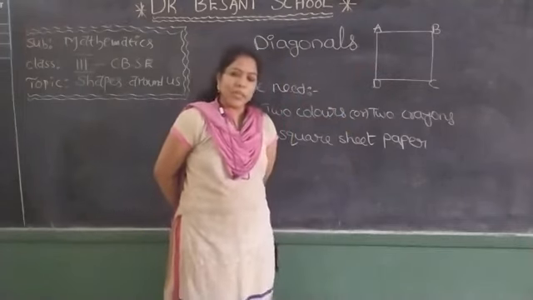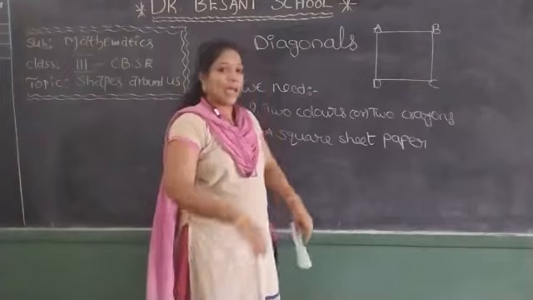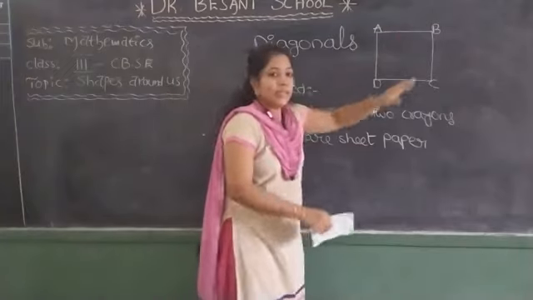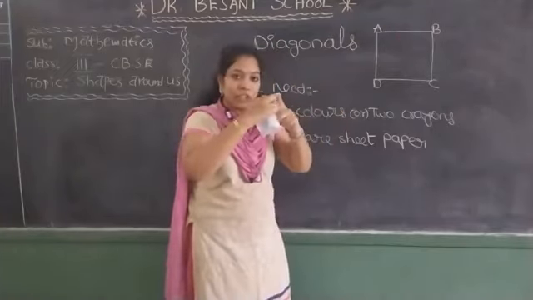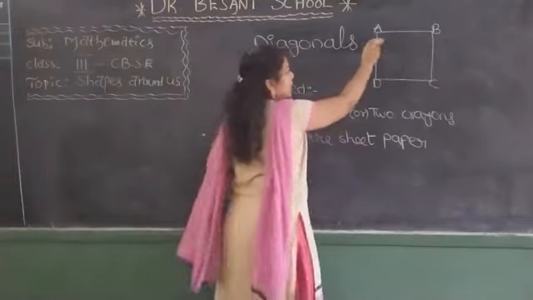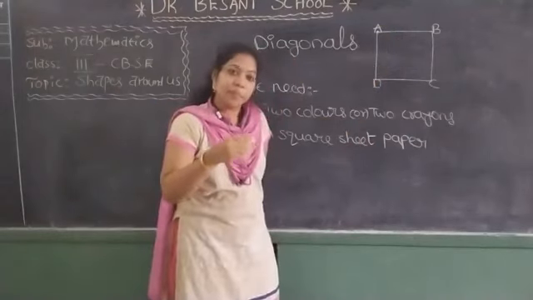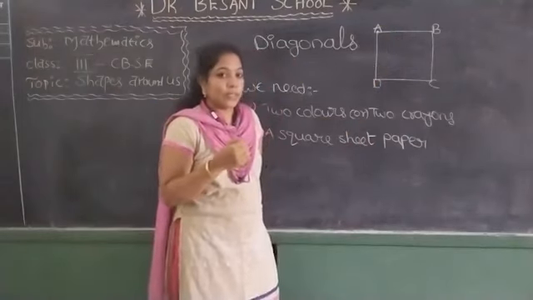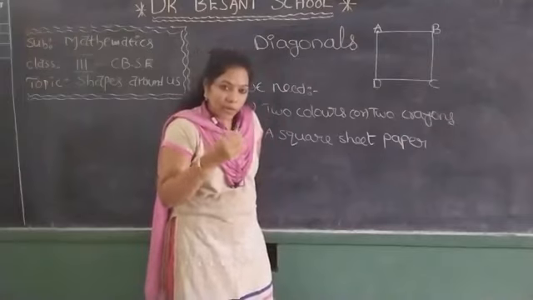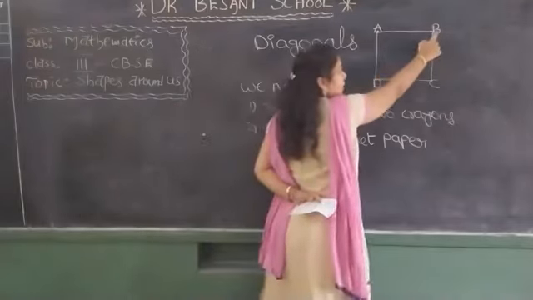Do you know what is a vertex? I am recalling again. Where two sides meet each other, two straight lines meet each other, that point is called either a corner or a vertex.